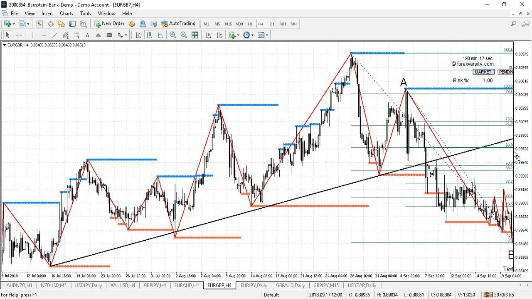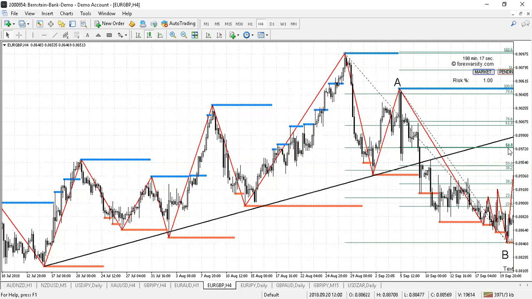There's two levels which are lining up. Okay, so it's actually from the A to B a 61.8 retracement level, but from the previous high to B, it's actually lined up exactly with a 50 Fibonacci retracement.